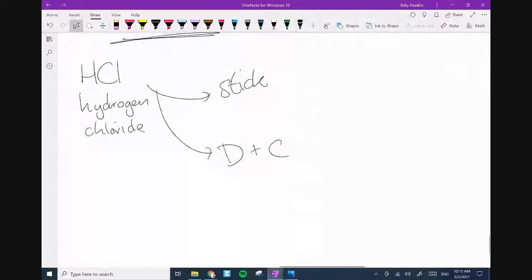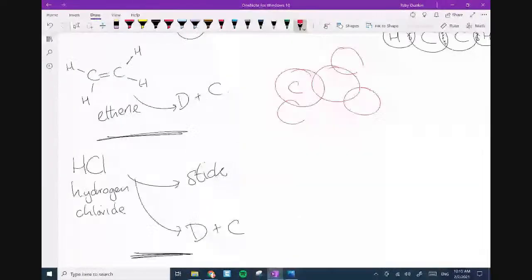Right, then let's go for the next one. I'll do this one for you now to give you the answer. I'll do it in red. So carbon, and there's a double bond in the center.